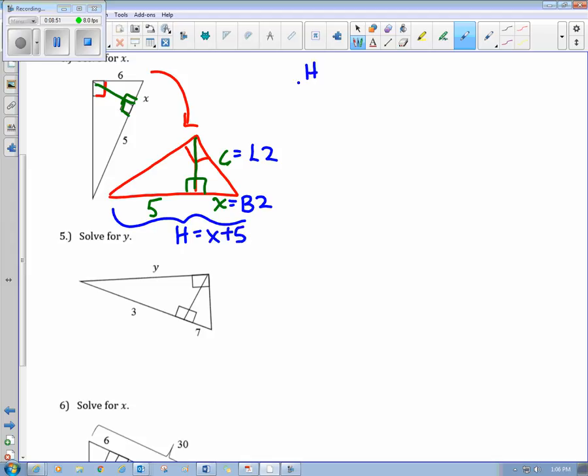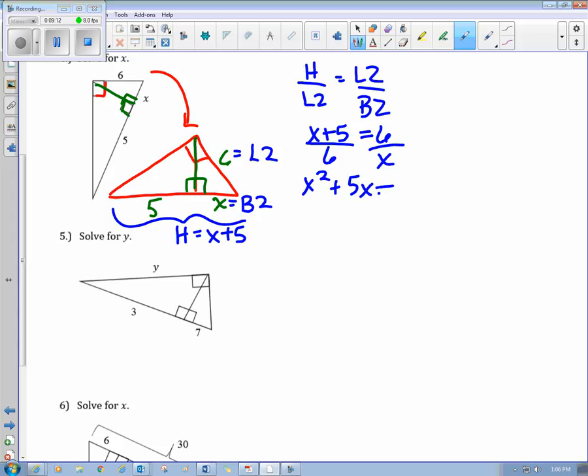So when I look at that formula, I'm going to be particular about how I substitute things in. So this is going to be x plus 5 over 6 equals 6 over x. And again, when I cross multiply, I end up with something quadratic.